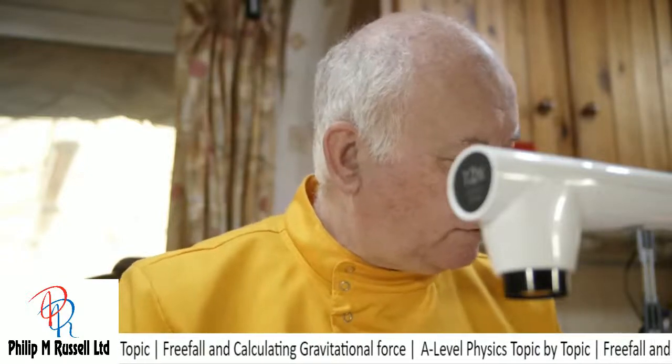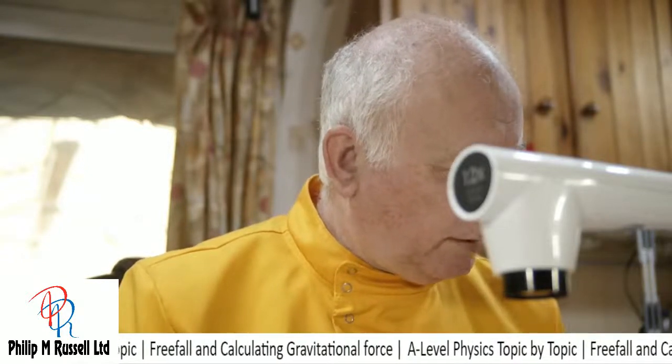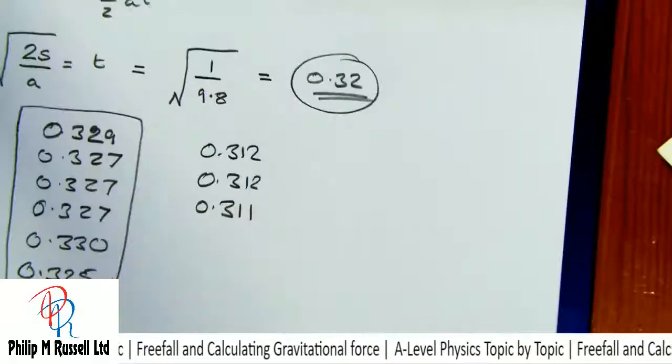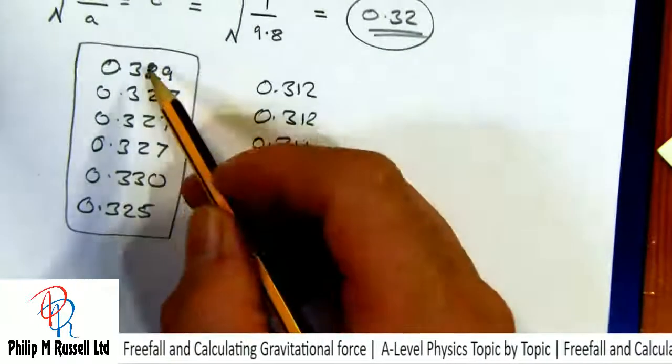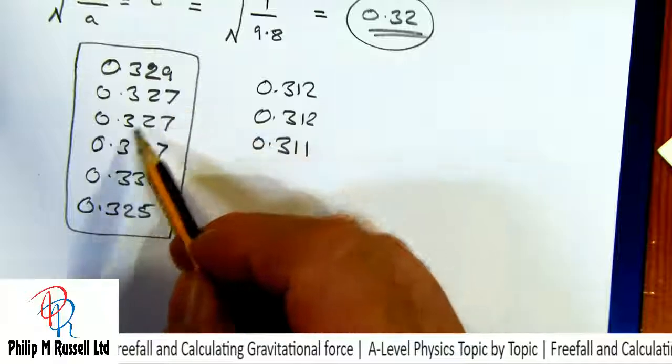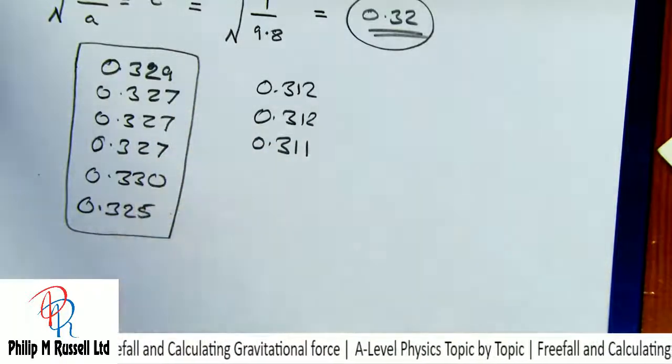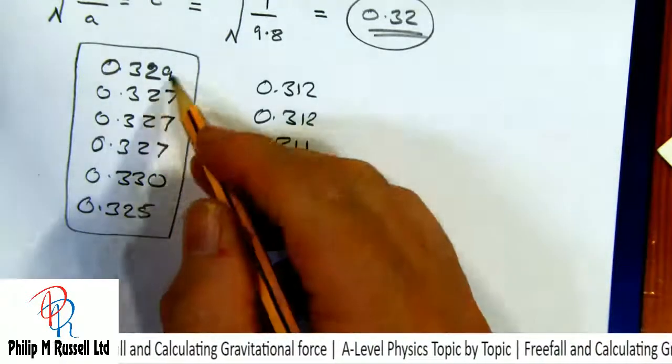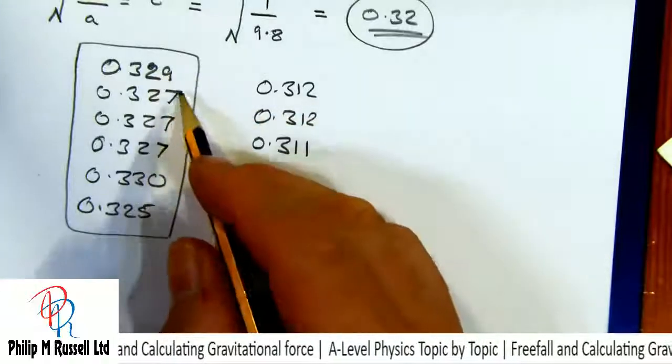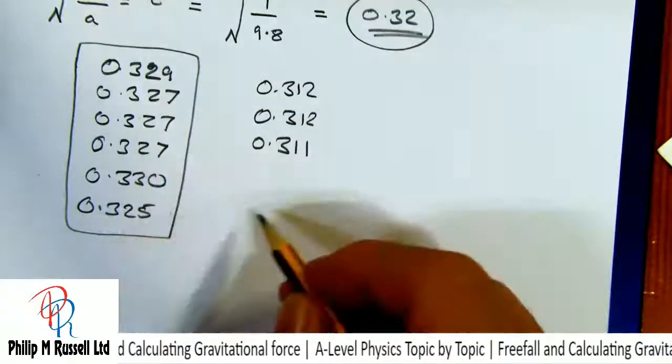And if I try the calculations to work out what they are, so let's see what we've got. We've got here 329, 327, 327, 330, 325. We'll average that out at 327.